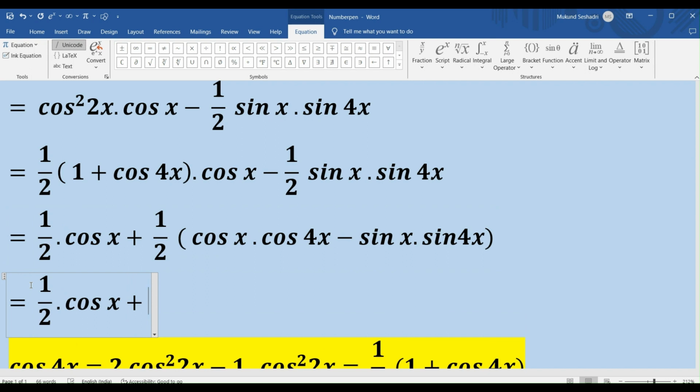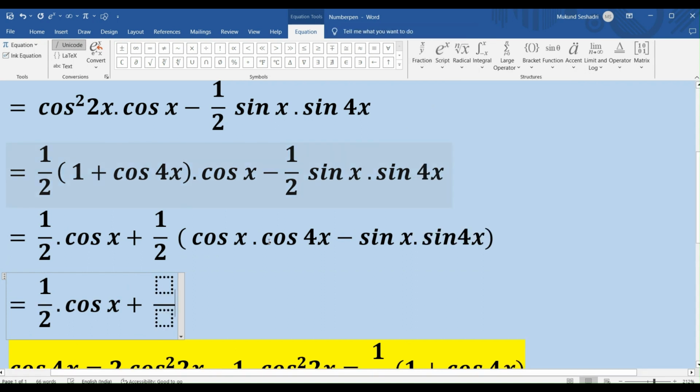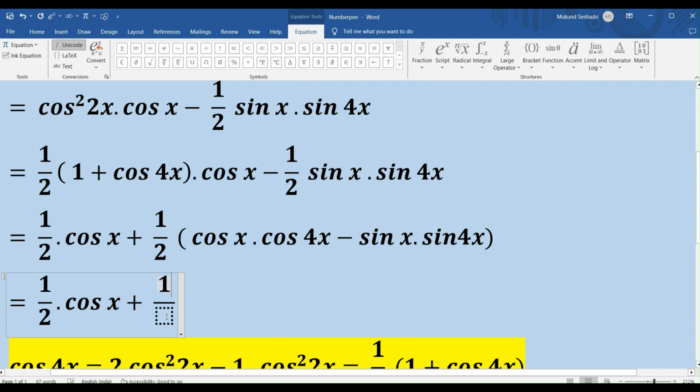I retain it as it is because it's in a format whose antiderivative I know. And with respect to the second expression, I know that it is of the format cos A cos B minus sin A sin B, which means that it is a cos of A plus B. And my A here is x and my B here is 4x, which means I have a cos of x plus 4x, which is nothing but a cos of 5x, right?